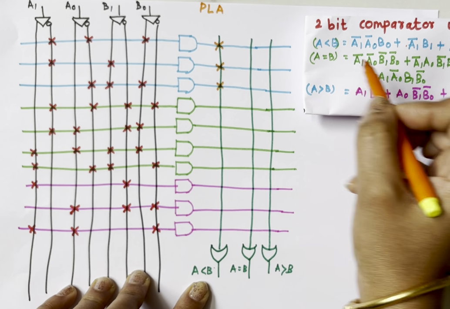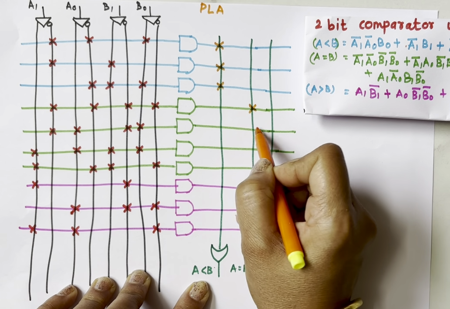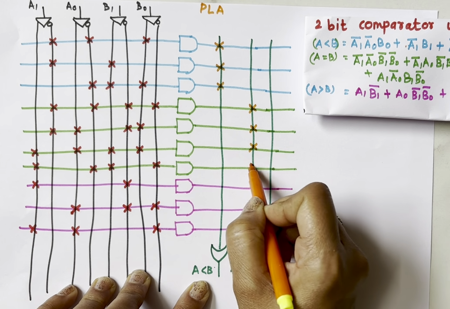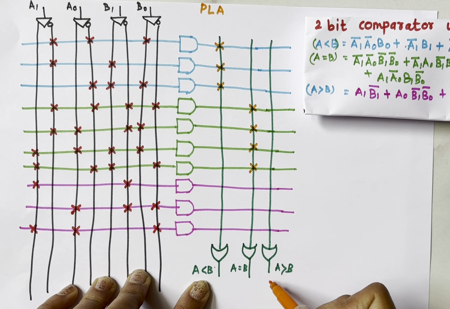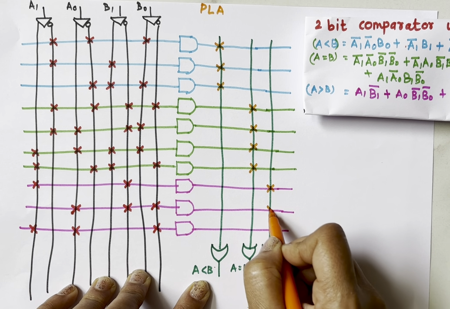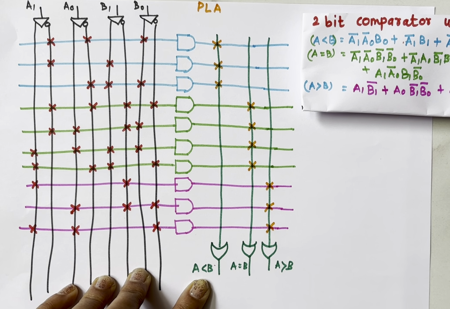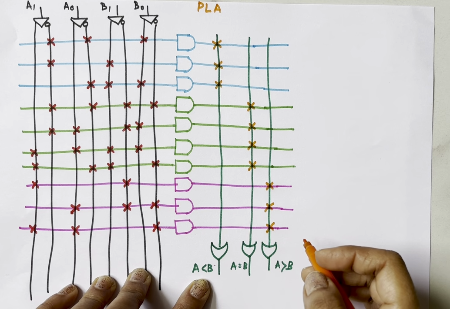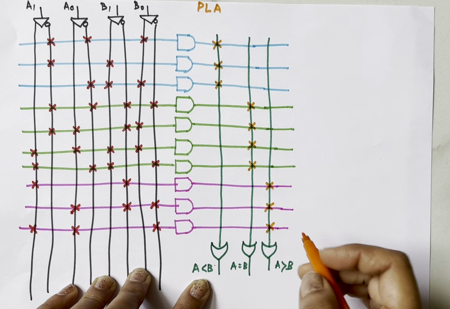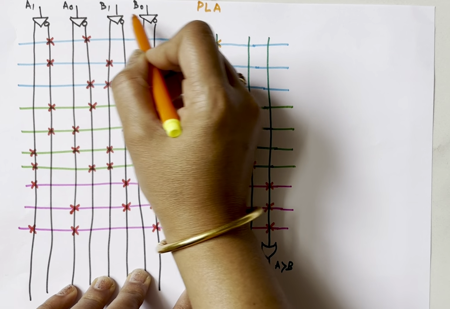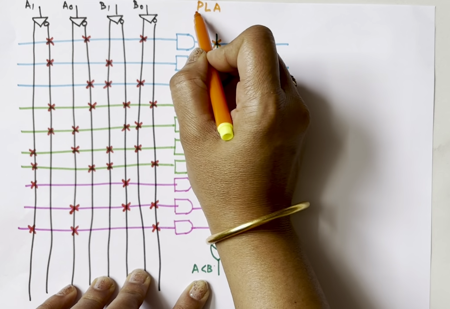For the second, A equals to B, addition of these 4 AND gates. And for A greater than B, addition of these 3 AND gates. And this is the implementation of a 2-bit comparator which has inputs A1, A0 and B1, B0 using PLA.